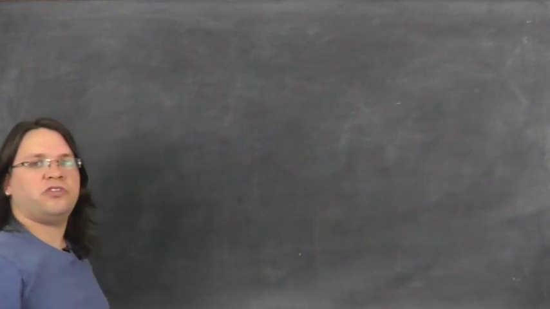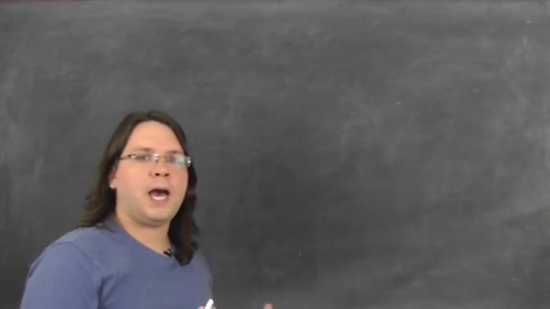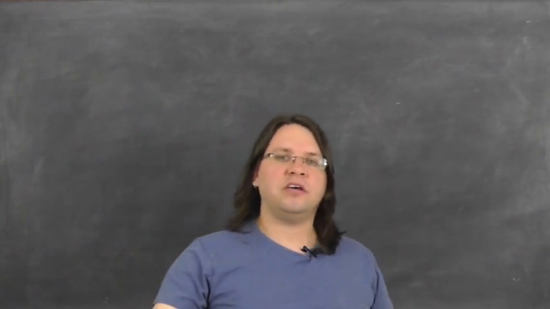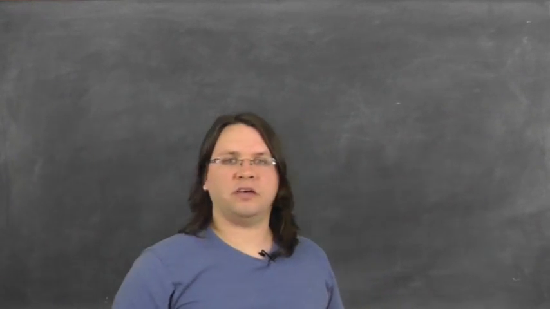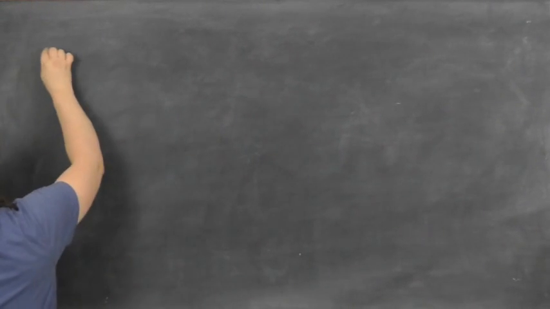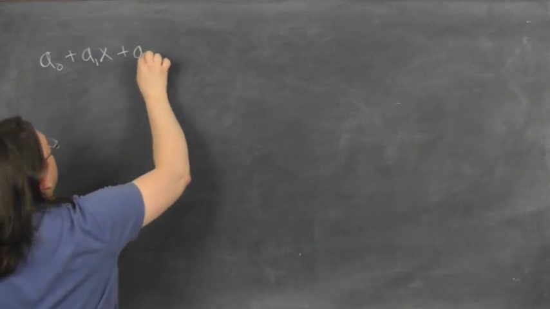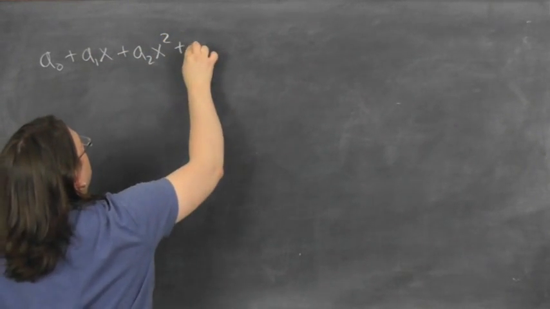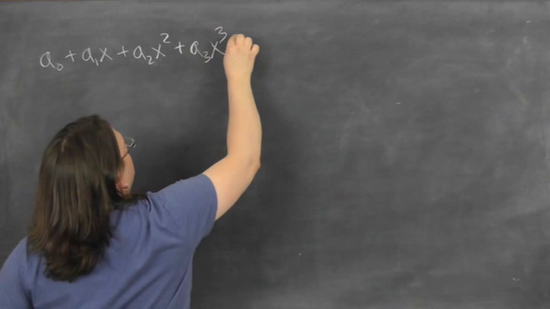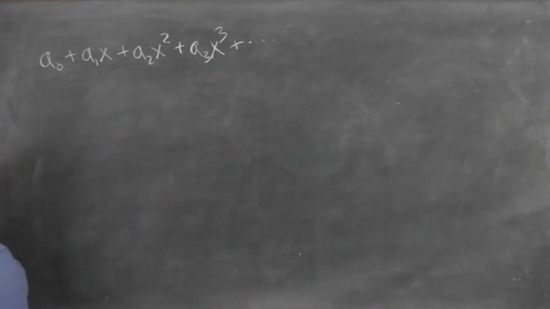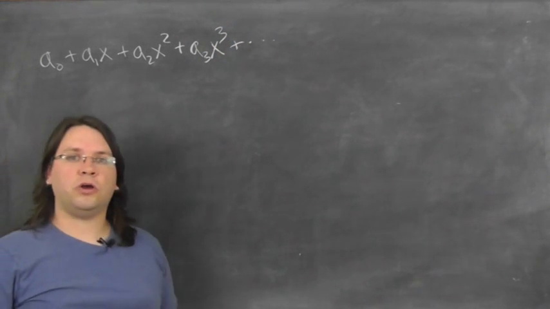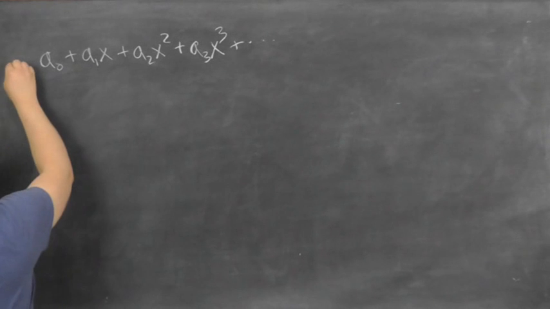So to do this, we're just going to think a little bit about what happens when you take a series, take its derivatives, and plug in x equals 0. So here's my series. a0 plus a1x plus a2x squared plus a3x cubed, and it just goes on forever. And I'm going to go ahead and call this function f of x.